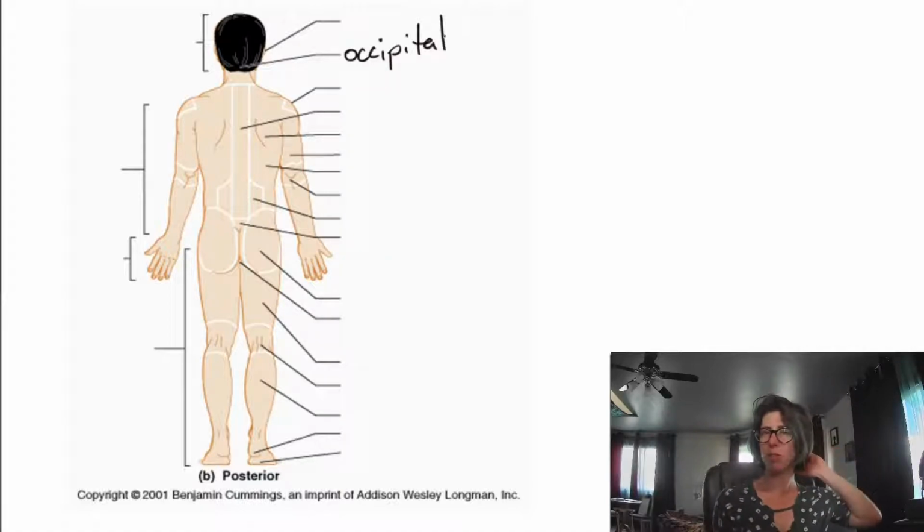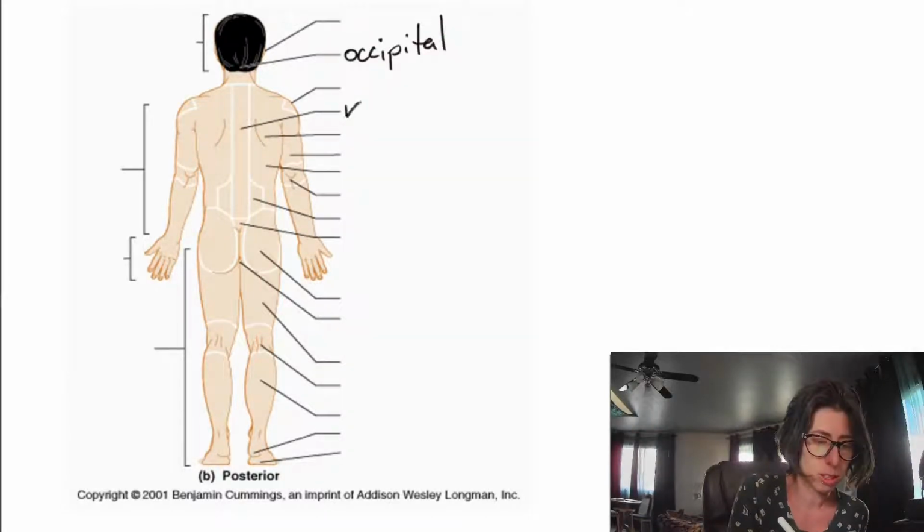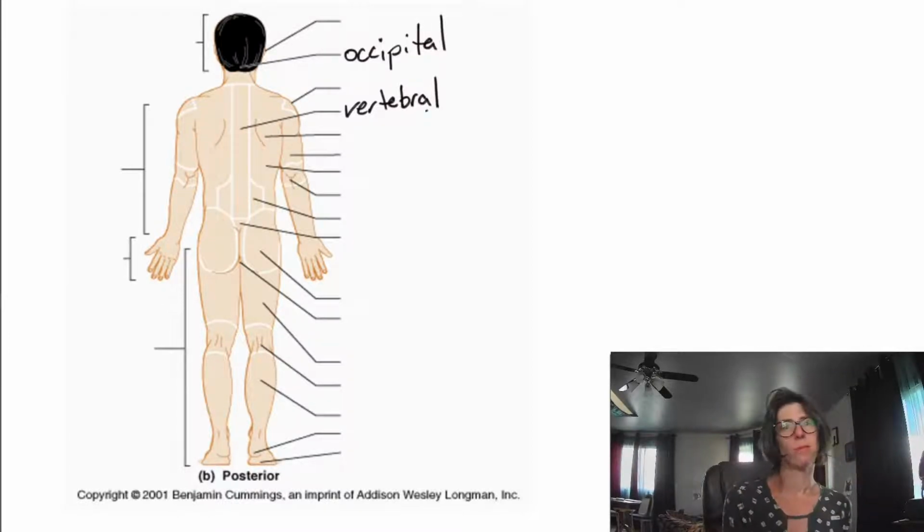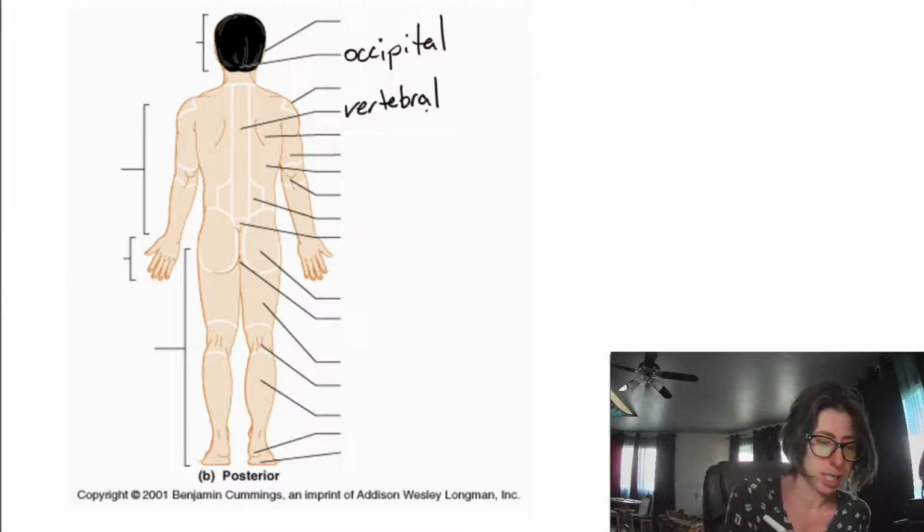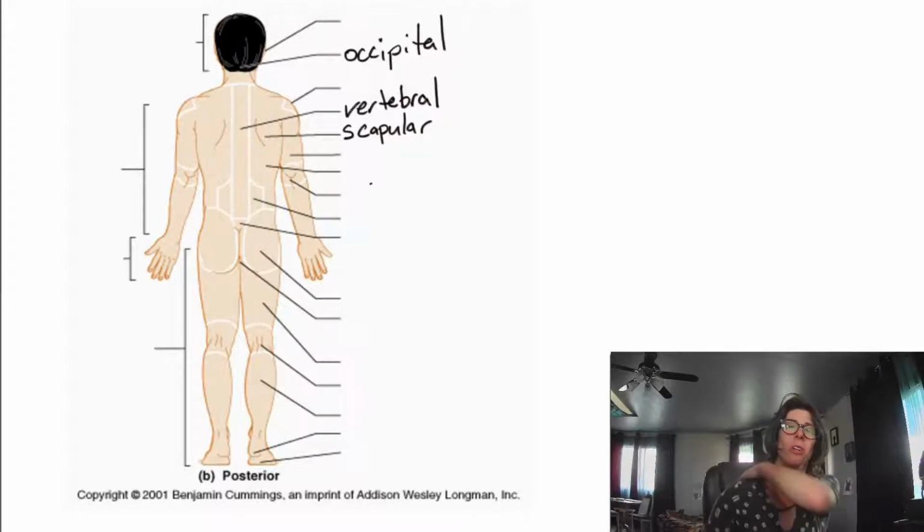That's the base of the skull, so the lower part of the skull in the back. Vertebral. Vertebrae, that's your backbone. Vertebral region is around the backbone. Scapular is where your shoulder blades are, your angel wings. That's the scapular region.